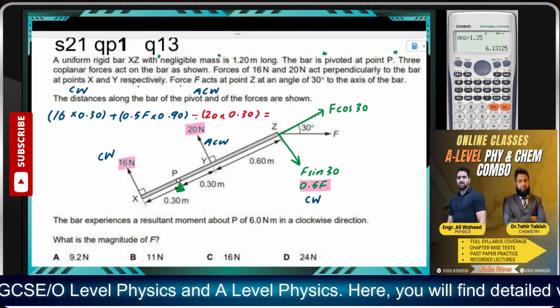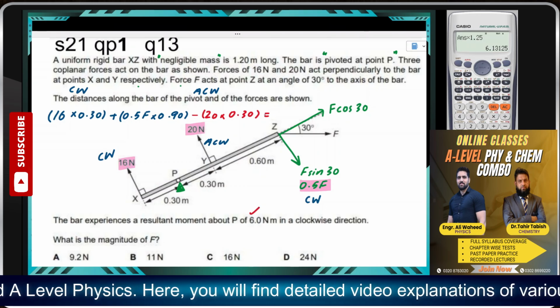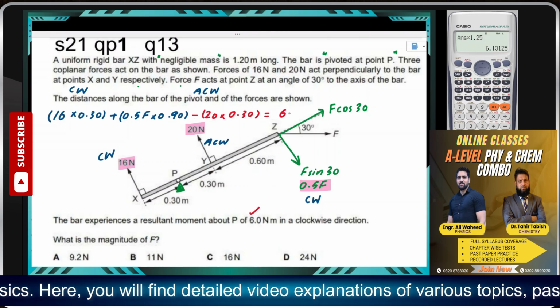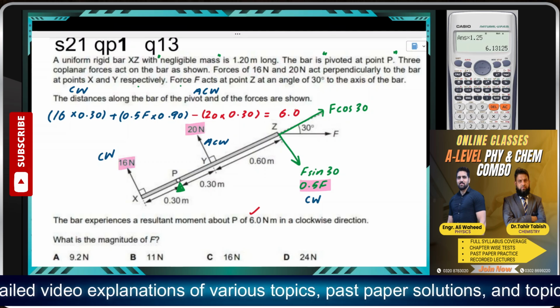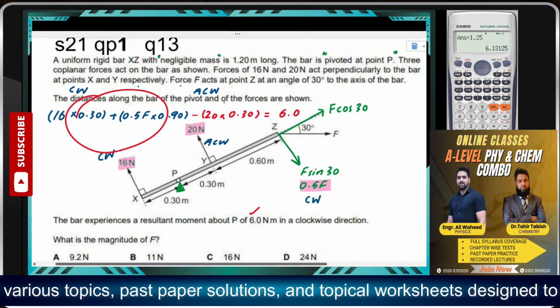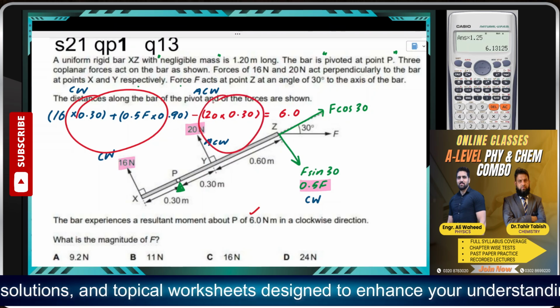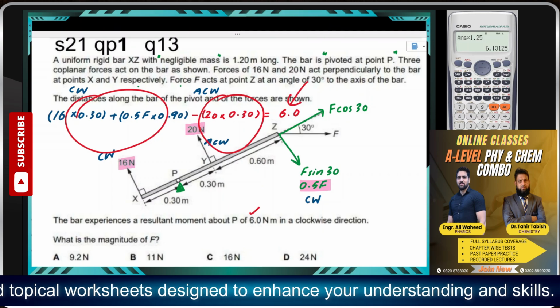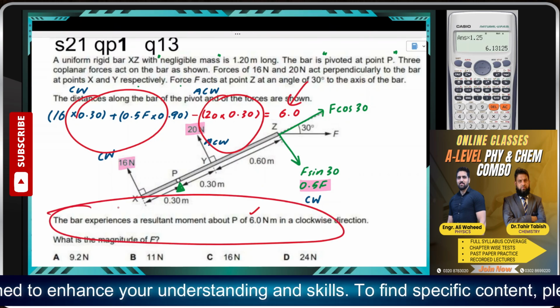Now this is the resultant moment, and the resultant moment is 6.0. So whatever the clockwise moment is, and you subtract the anti-clockwise moment from it, the resultant would be 6. This is what the last statement gives us.